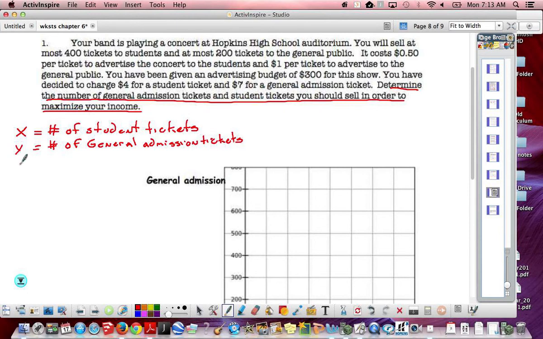And in this case, since it says maximize your income, just to be different, I'm going to let I equal income. But if you did P for profit, we probably wouldn't get too uptight about it.